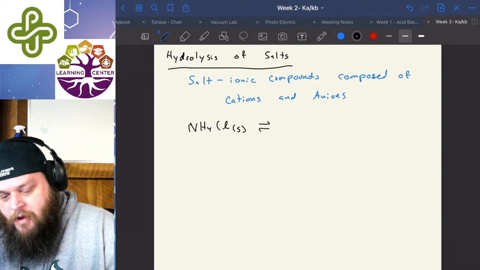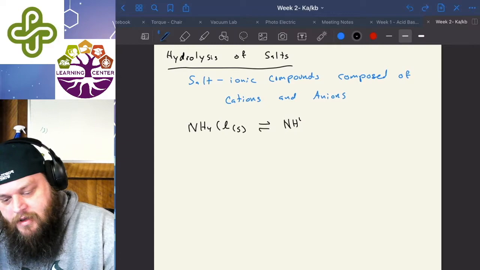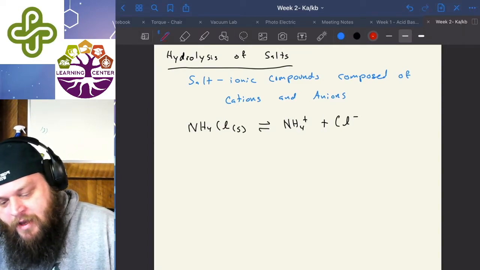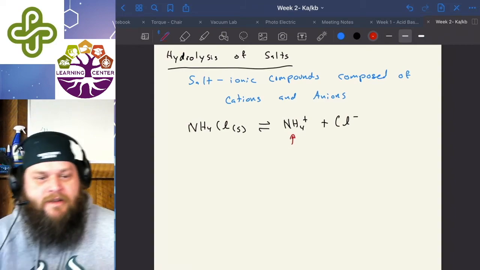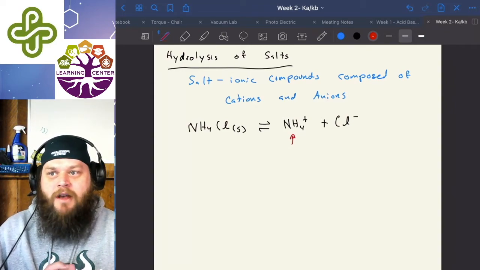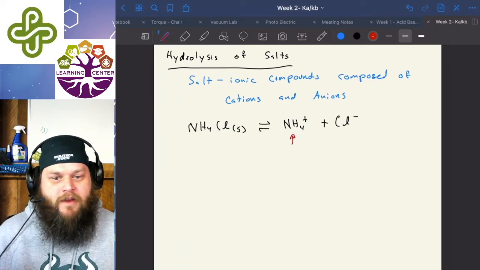If you put it in water, it'll completely dissociate into NH4+ and Cl-. In this case, NH4+ is an acidic compound, right? It's got an extra hydrogen there. It's positively charged. It's going to want to get rid of that hydrogen.